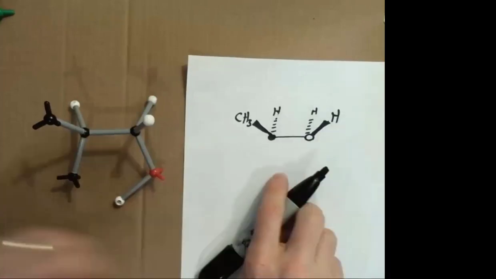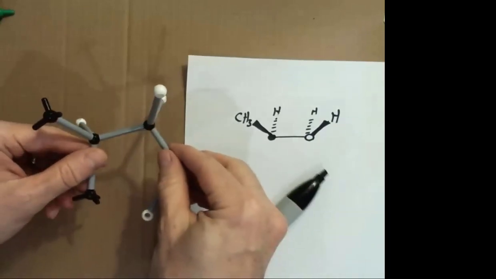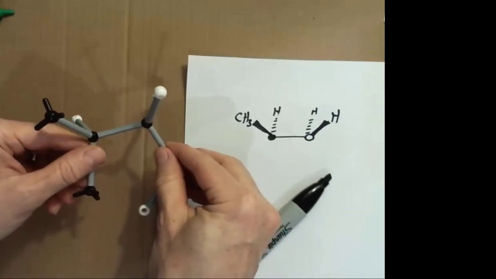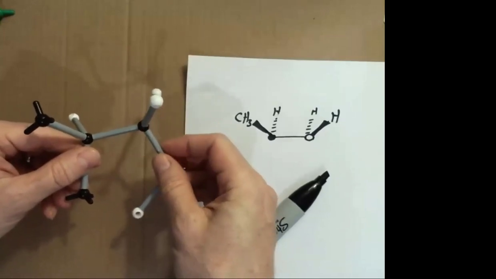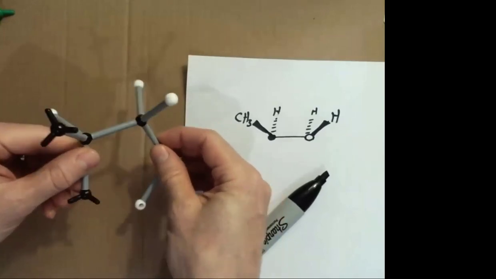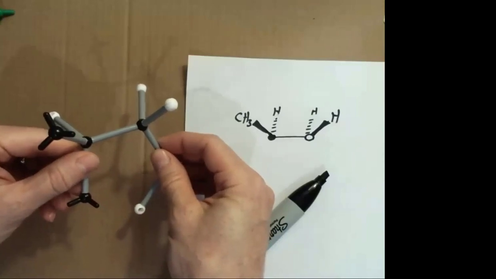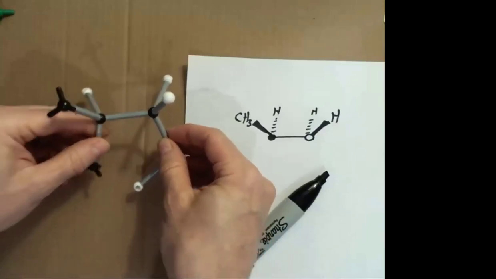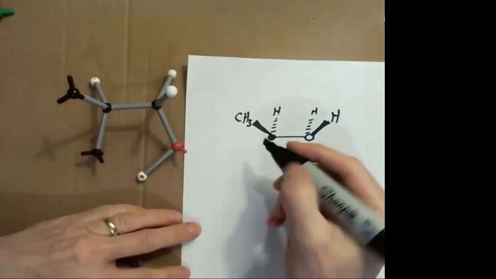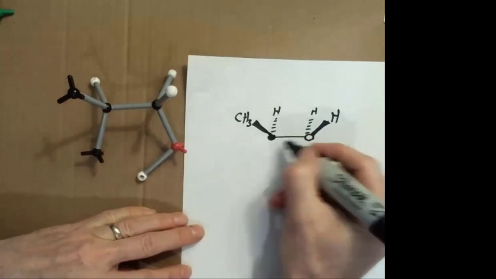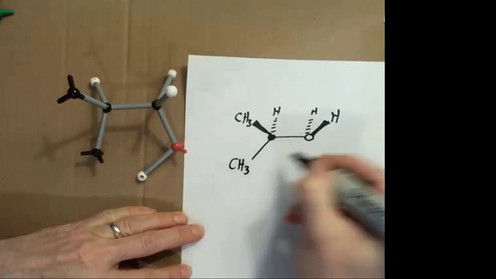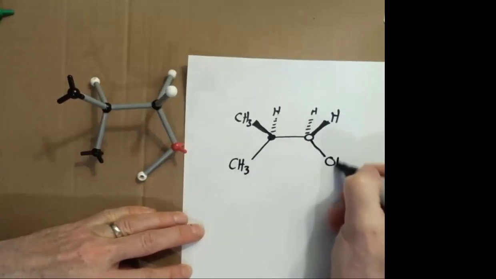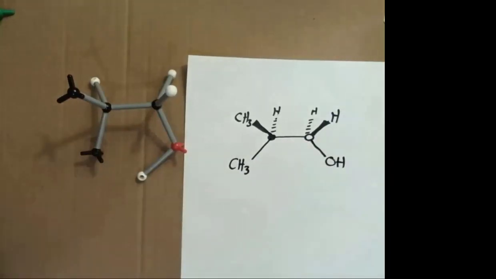What we're saying is we're drawing this where the front hydrogen is directly in front of the rear hydrogen. And we're drawing either this or this, so that we're not trying to draw one on top of the other. And then in the plane of the page, so no wedge or dash, we're going to have the CH3 on the front carbon and the OH on the back carbon.